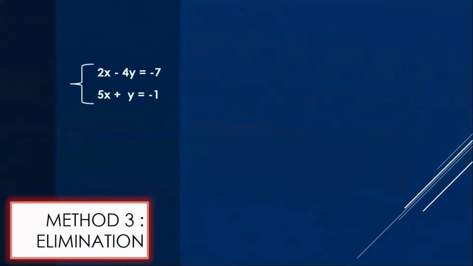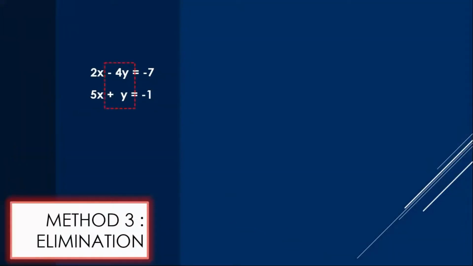Let's look at a new example. 2x minus 4y equals -7, and 5x plus y equals -1. The goal here is to take multiples of one of these equations, or both, to get something to cancel.